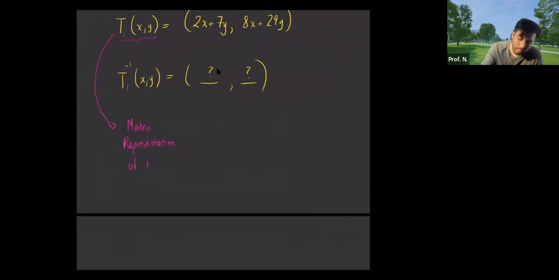How do we do that? Does anyone remember how we do that? There are several ways we can think of this. Sometimes writing it this way might be a bit easier to see.